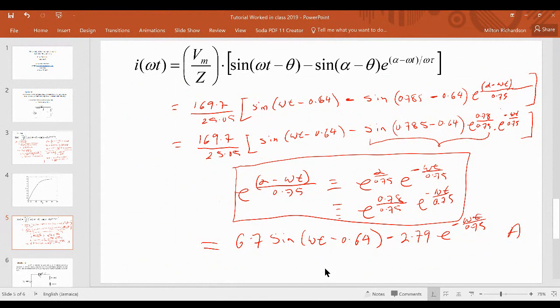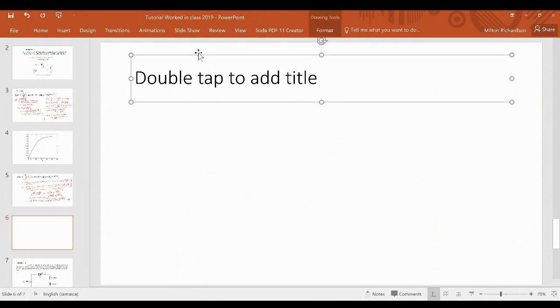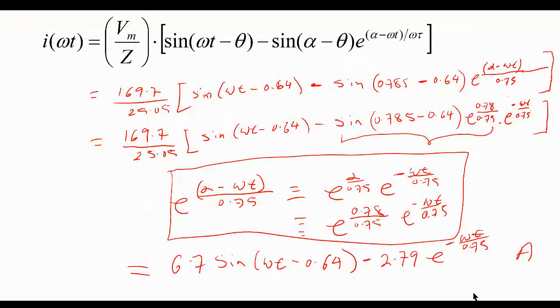So your I of omega t is equal to that. How do you find the average of it? So for part B, we need the average current. Remember how the sine wave looks?